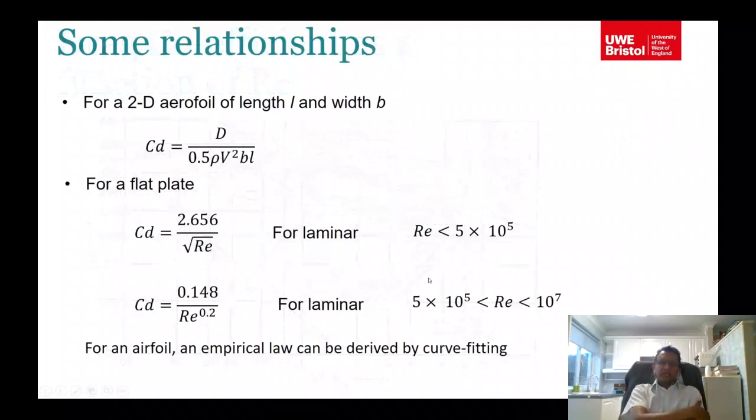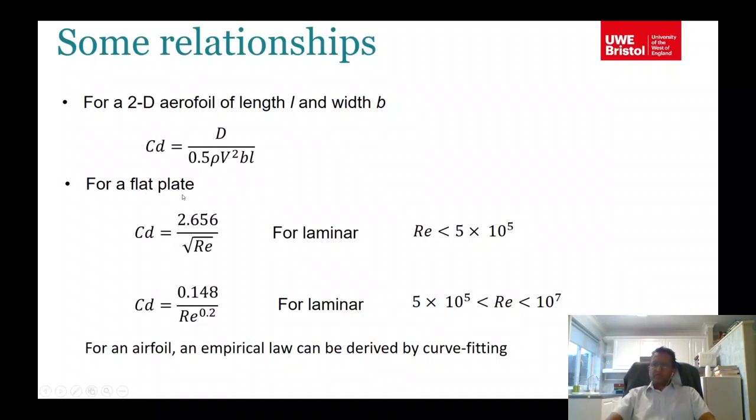And then I would like to mention some relationships that are important to you. For a 2D aerofoil of length L and width B, the drag coefficient CD is defined as the aerodynamic drag divided by 0.5 rho v squared BL.